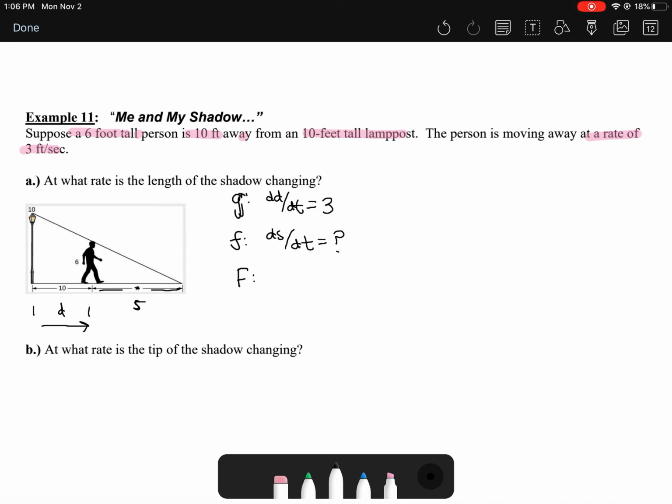Remember, when you write ratios, you can write it however you want, just make it consistent. If I start with the big triangle, then I have to do the big triangle. So I'm going to say 10 is to 6 as D plus S is to S.